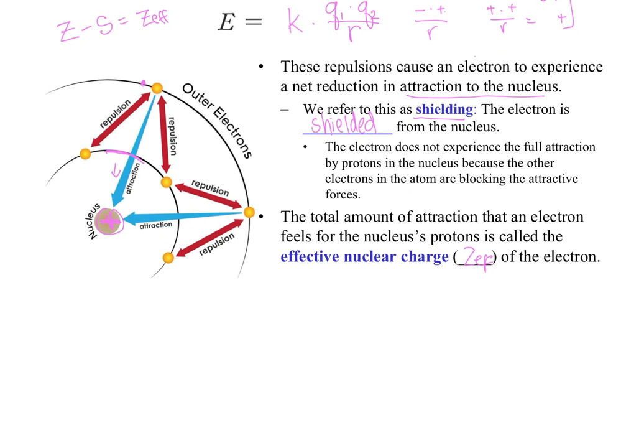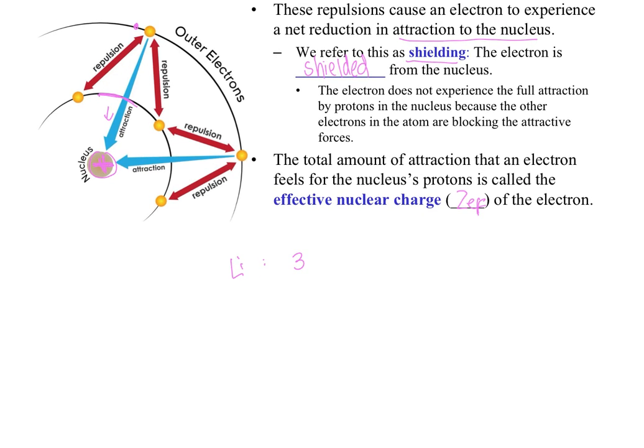So if I have something like lithium, lithium has 3 protons in the nucleus. And if we look at lithium, it has its 1s2 and its 2s2. Nope, 2s1. So it's going to have 1 electron in the 2s shell. So in that first energy level, these 2 electrons are actually shielding the outer electron from the nucleus.